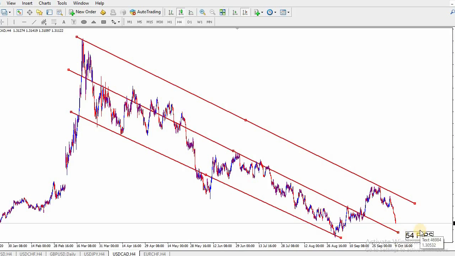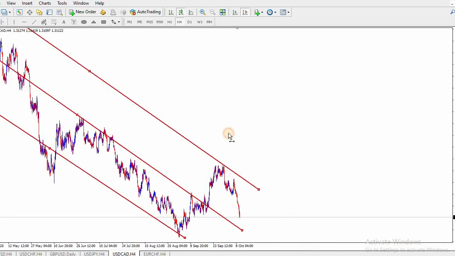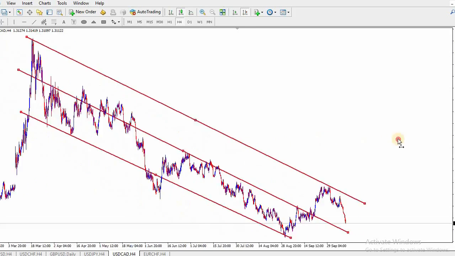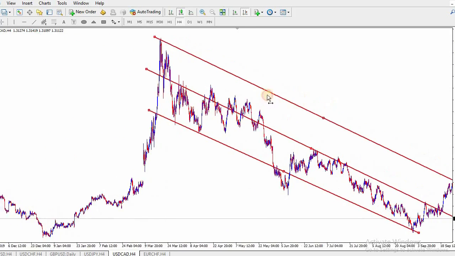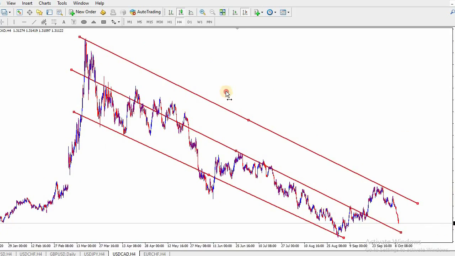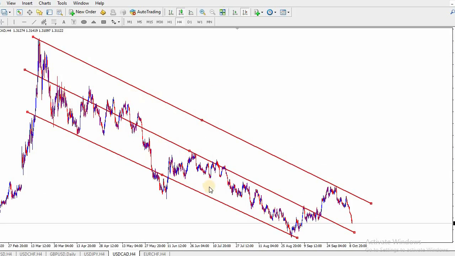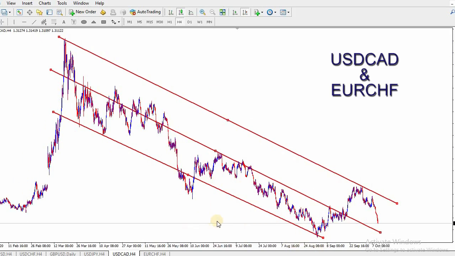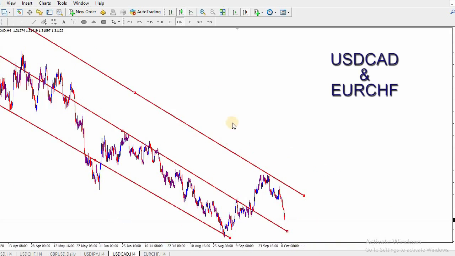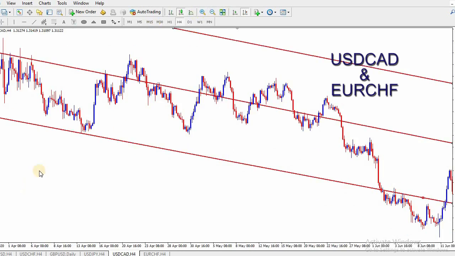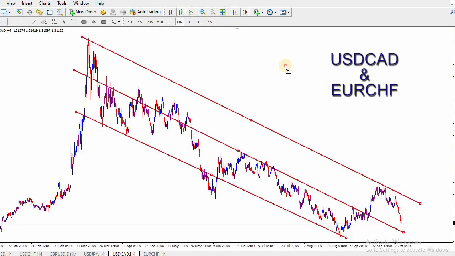This is USD Canadian dollar. Now, the USD Canadian dollar has been on a downward trend for a few months now.